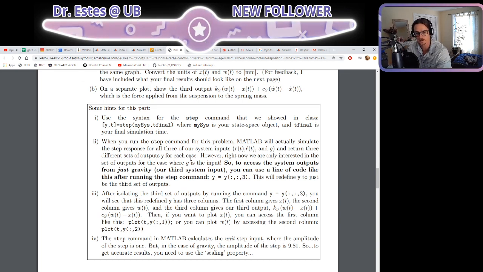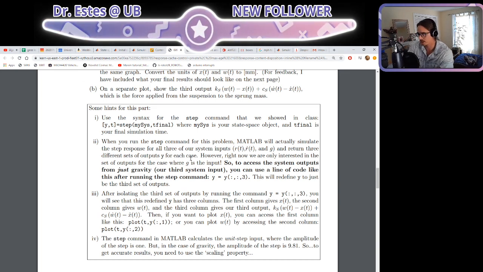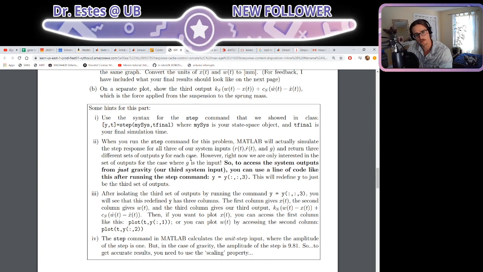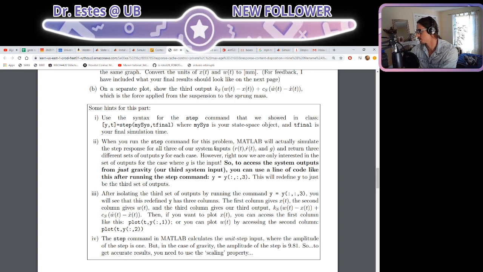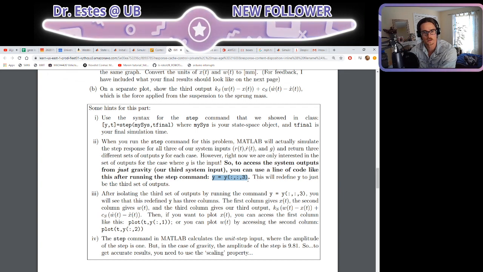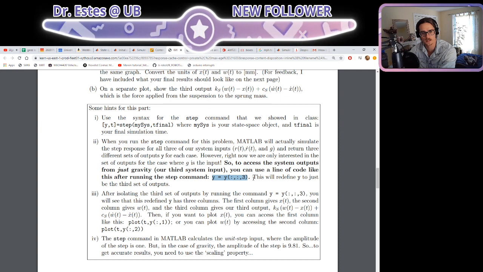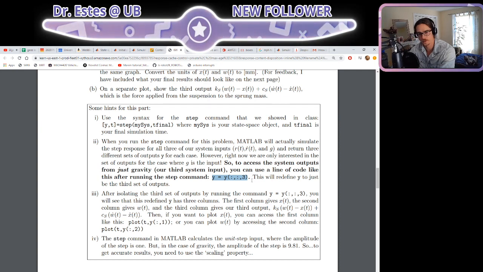It gives you back the result for all 3 of those cases. But we're only interested in this case in the effect of gravity. So we just want the 3rd set of outputs from the step command. So if you use the syntax I tell you up here, you can get that 3rd set of outputs by calling the 3rd index of this 3-dimensional matrix.